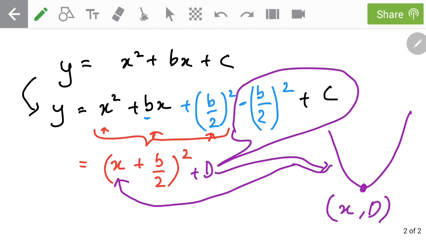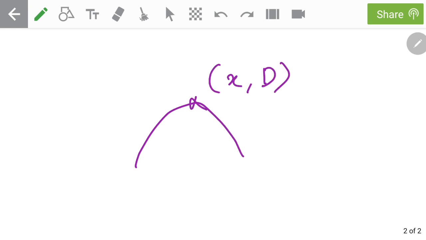If this is a maximum point, then your x is going to be here and d is going to be here. This is the idea of completing squares. You get the minimum or the maximum points.